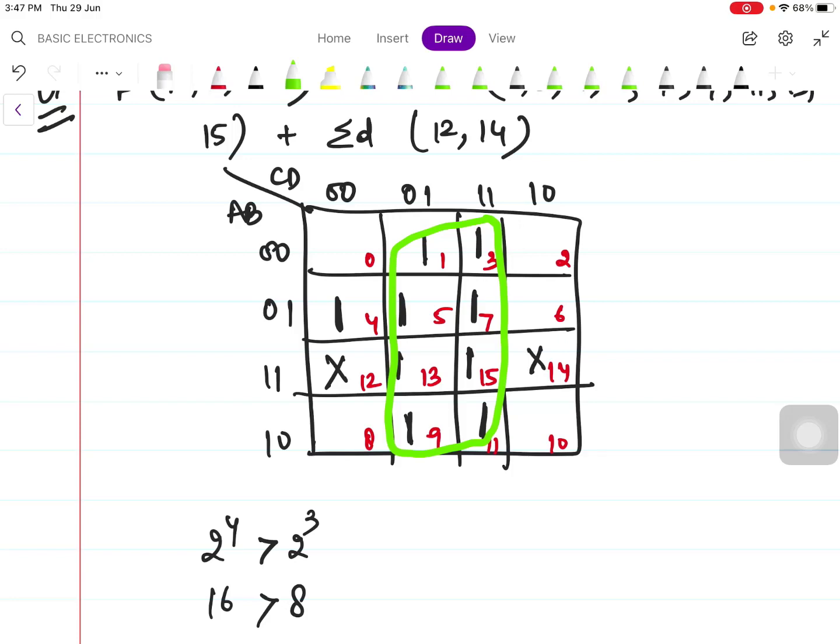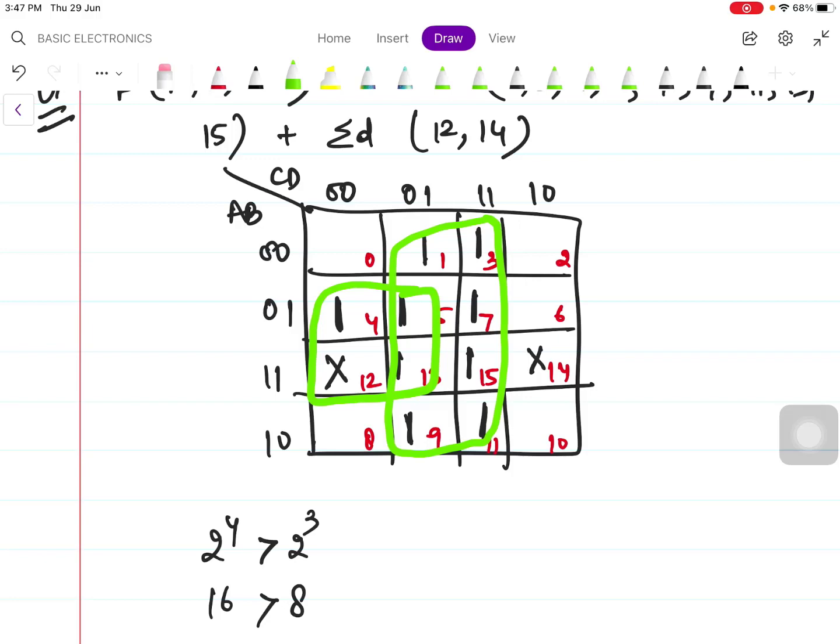But this time, due to this don't care condition, we will be able to group this one in a group of 4, which is what we desired, that the group should be of bigger size. So by using the don't care condition, we can group our ones in a bigger group if these don't cares prove to be useful.